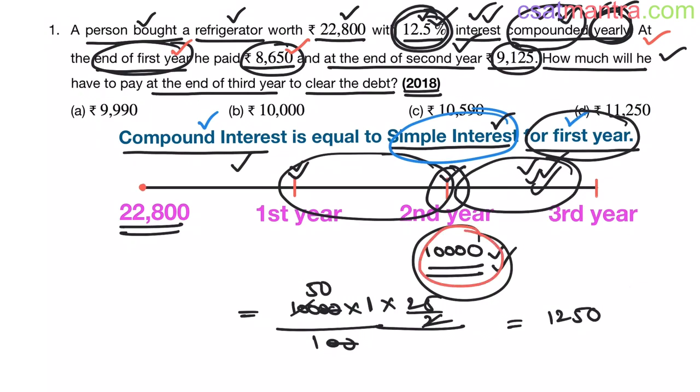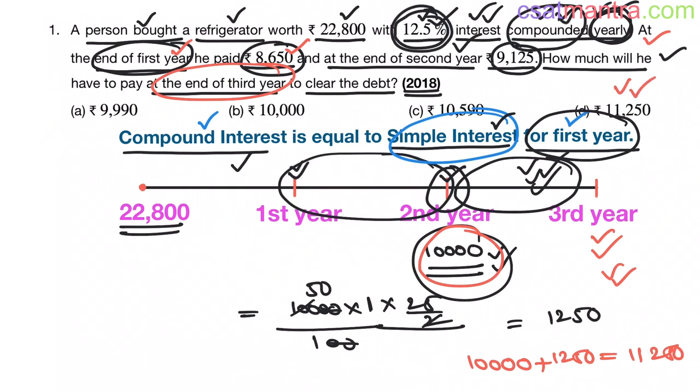So this 10,000 became 10,000 plus interest 1,250, that is 11,250 at the end of third year, my friends. Okay, so this much debt he has to clear at the end of third year. So our answer is D.